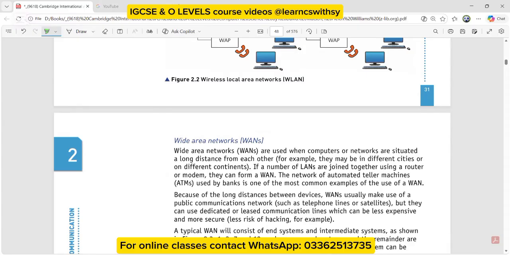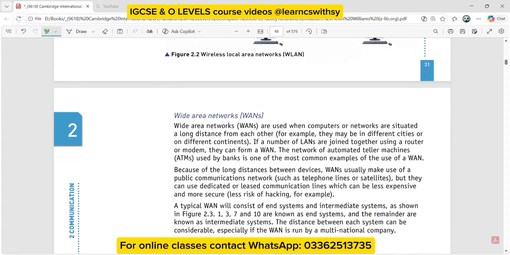If a number of LANs are joined together using a router, they can also form a WAN. Maybe we have smaller LANs and we want to connect them together, so we use a WAN, and that is also one of the definitions of WAN. Similarly to how we highlighted small, here you can highlight the term wide area for large geographic area. This will definitely give you some marks. A number of LANs joined together using a router or modem can also form a WAN.